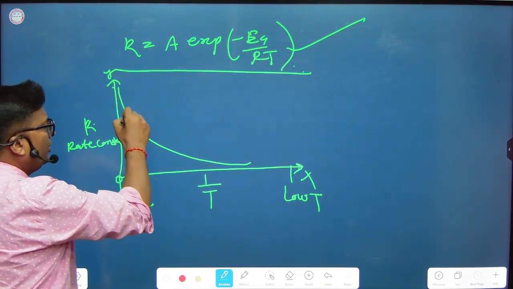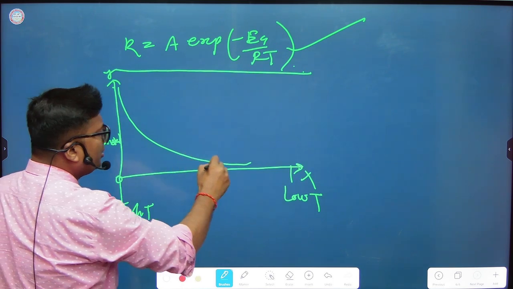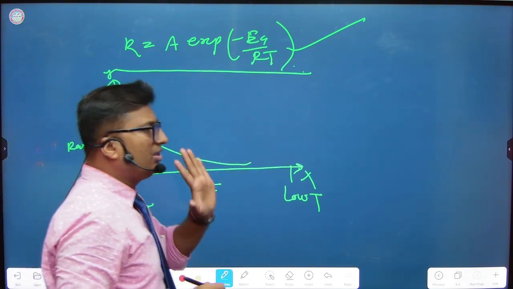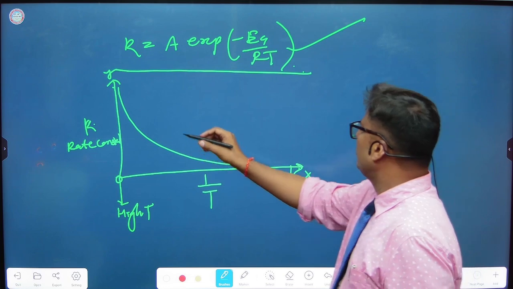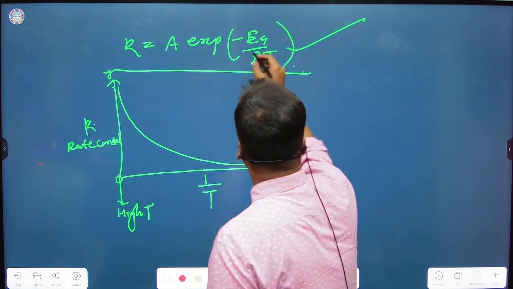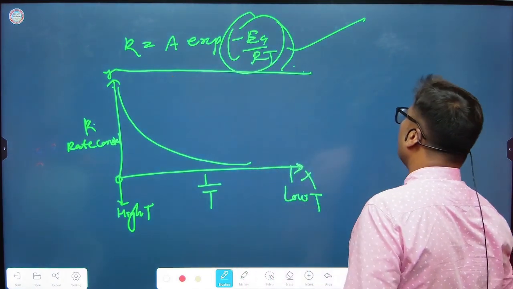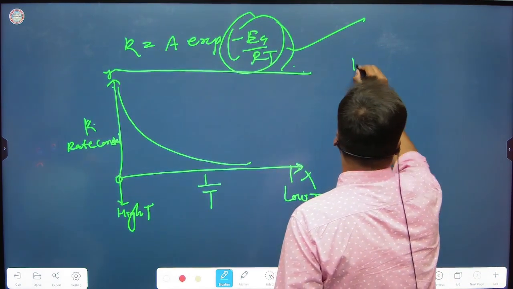But if you decrease the temperature, the rate constant decreases exponentially. So the rate constant directly depends on the temperature. Ultimately, this is the negative term, so the graph looks like that. Now this activation energy EA.